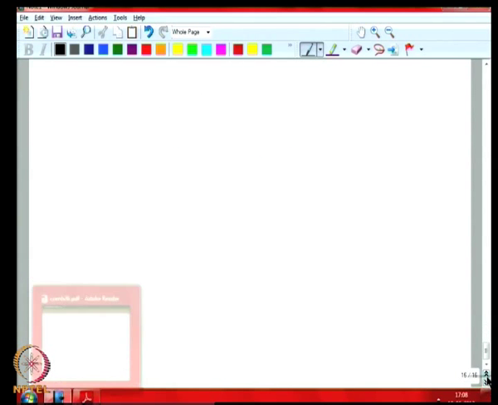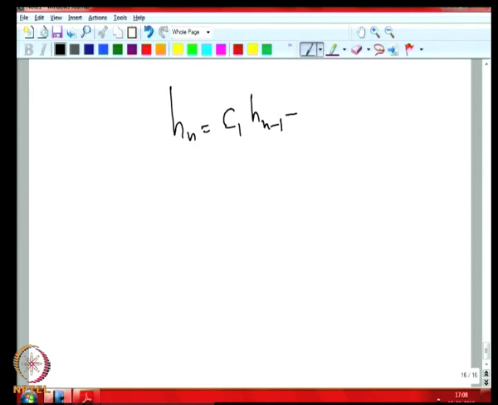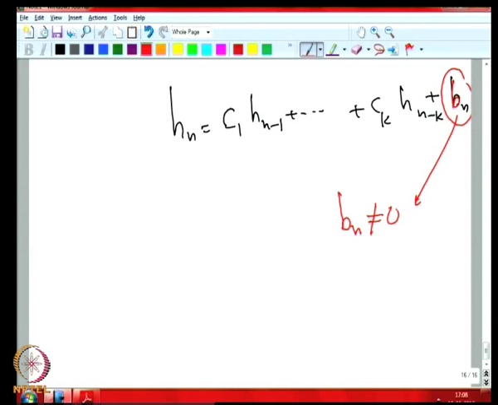The recurrence relation was h(n) equal to C1 times H(n-1) plus ... plus Ck times H(n-k). This was the homogeneous case. In the non-homogeneous case, we will also have a plus Bn here, which was 0 for the homogeneous case. In the non-homogeneous case, Bn will not be equal to 0.